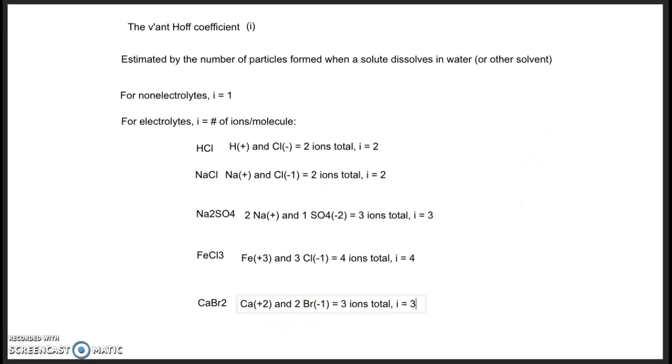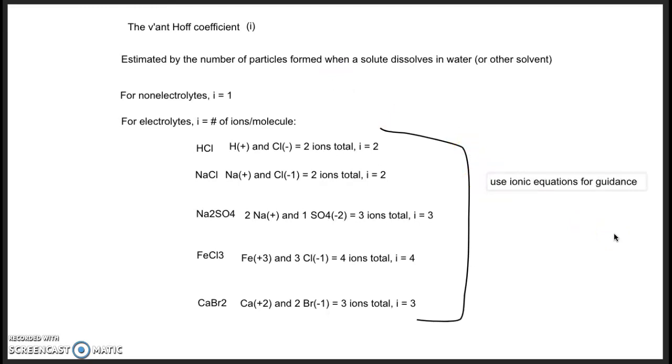So what we can see is that we can estimate based upon what would happen in our ionic equation. What would happen when this becomes an ionic equation? How many particles would it make? And that is multiplied into our equations for freezing point depression and boiling point elevation.